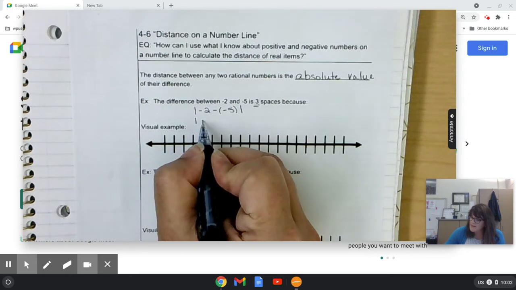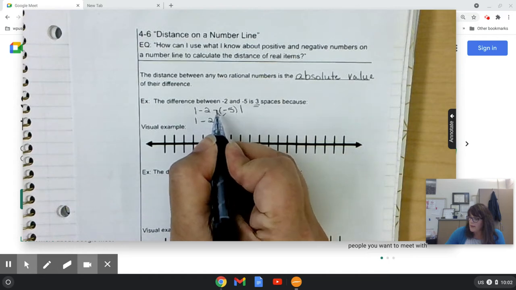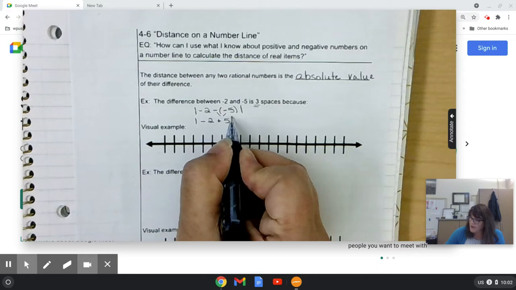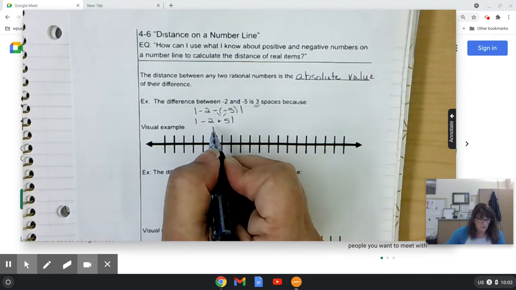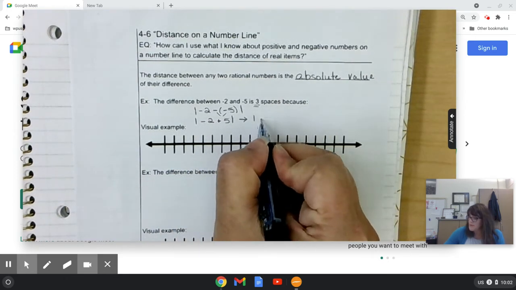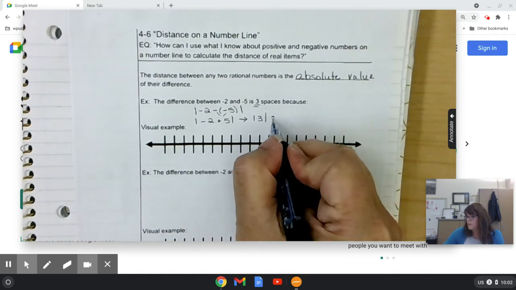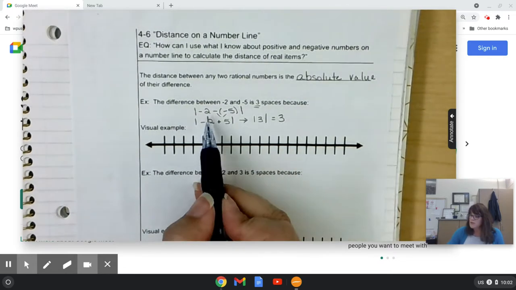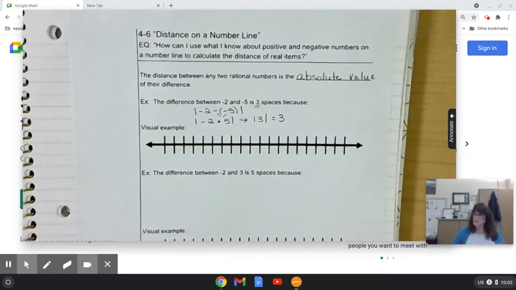So I can rewrite this as the absolute value of -2, opposite of negative is positive, +5, okay? This is the absolute value of 3, which equals 3. So 3 spaces. So this is showing how absolute value tells us that it's 3 spaces.